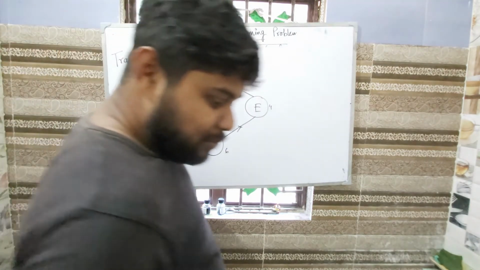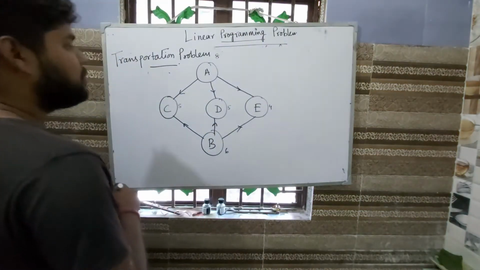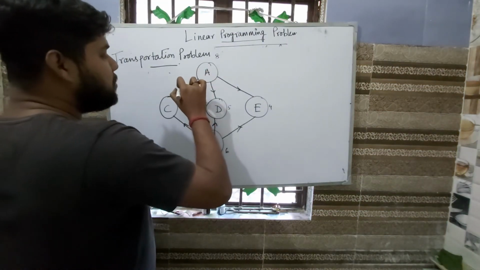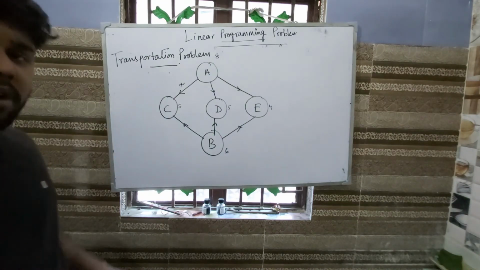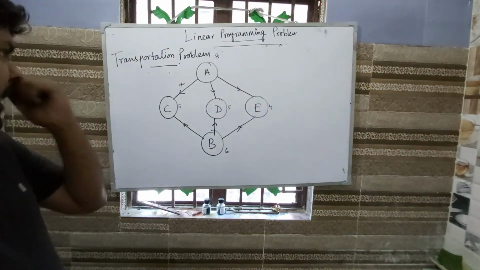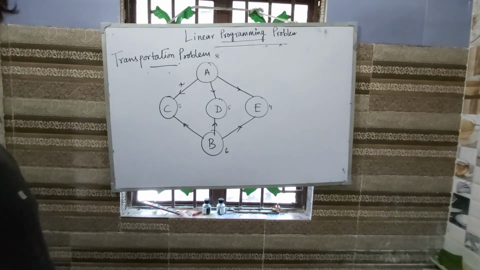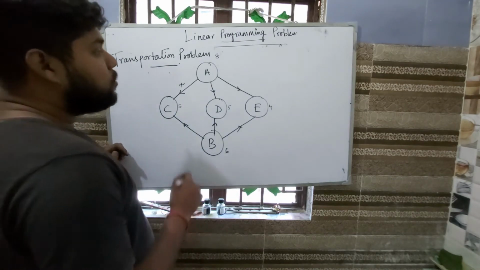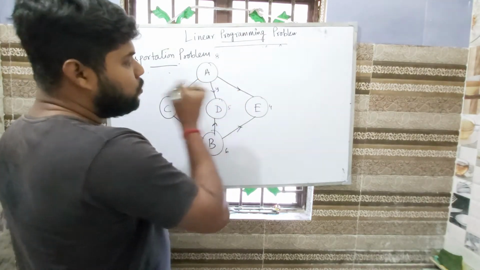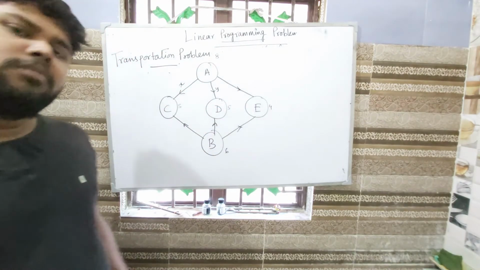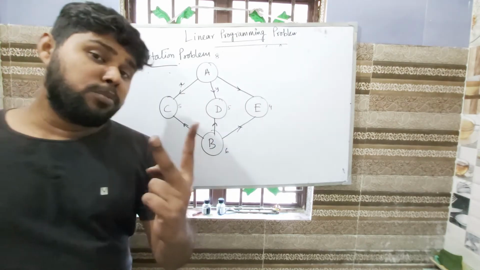Now let us consider A is sending to C some X number of commodities. I don't know how many. Then what will happen? A is sending to D some Y number of commodities. Let me consider, I can consider at most 2 variables.